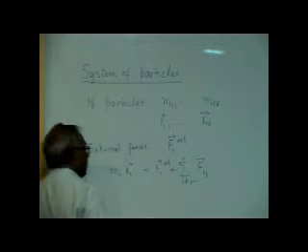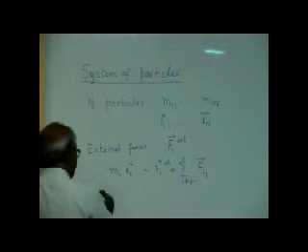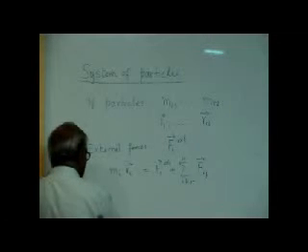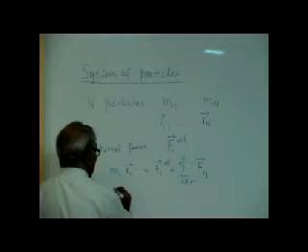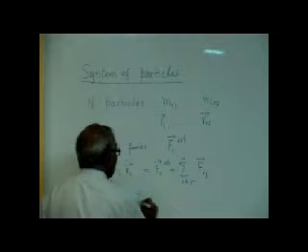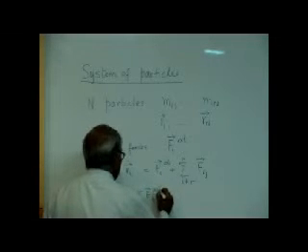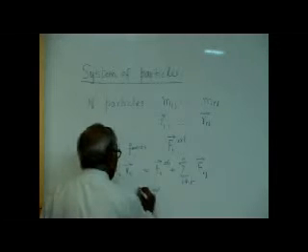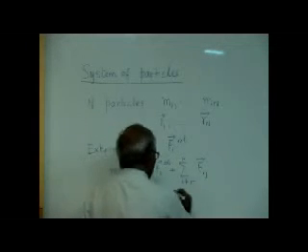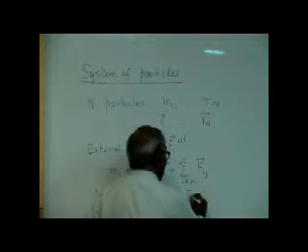And there is an external force on the ith particle. Now I can, of course, sum over i from 1 to n: the sum of m_i r_i double dot equals the sum over i from 1 to n of F_i external plus the double sum over i and j of F_ij.